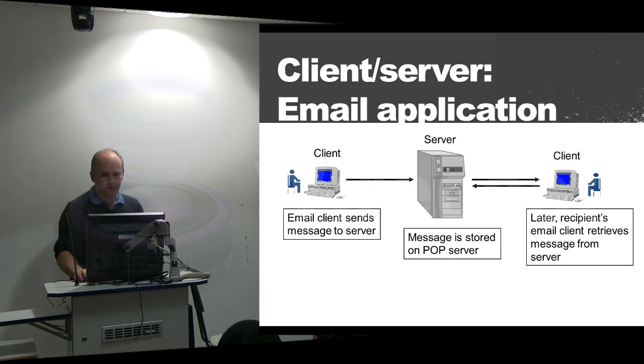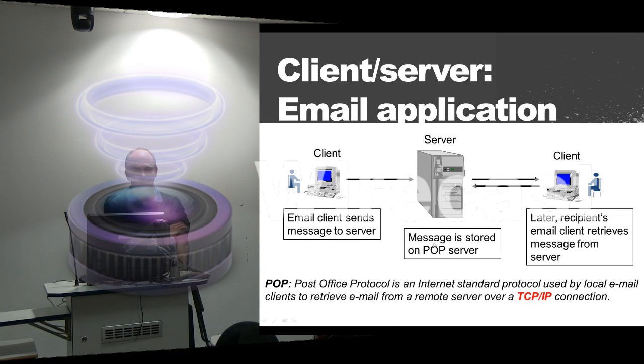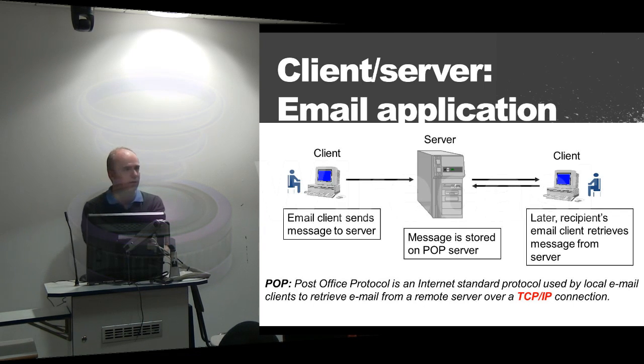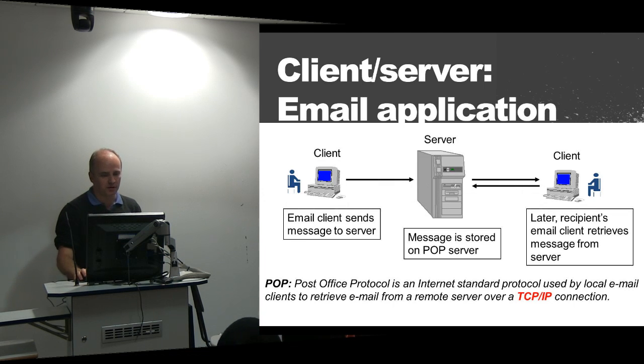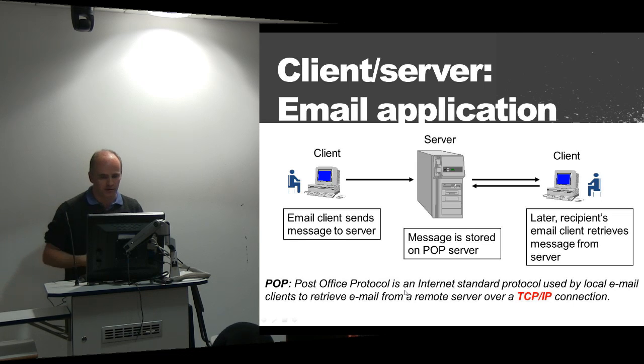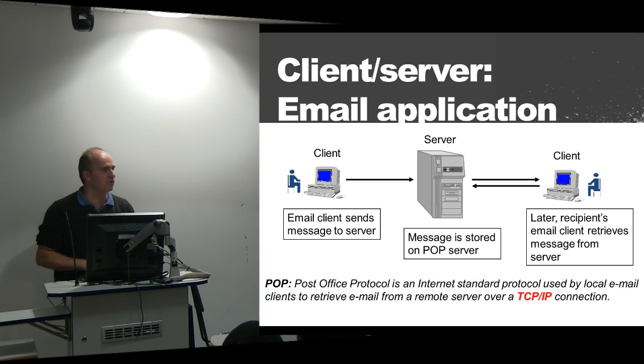So you can see that the type of server which is used for an email application is called a POP server, which is for Post Office Protocol. Okay, so that's the standard, an internet standard for email messages. Actually, POP is a standard protocol, and nowadays we are at the version 3.